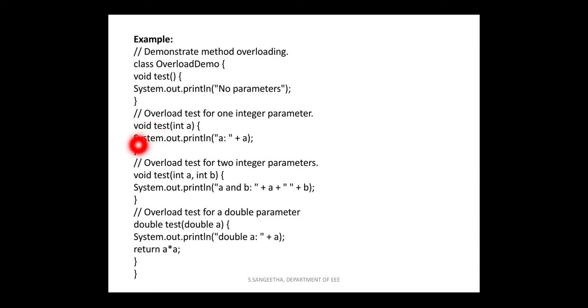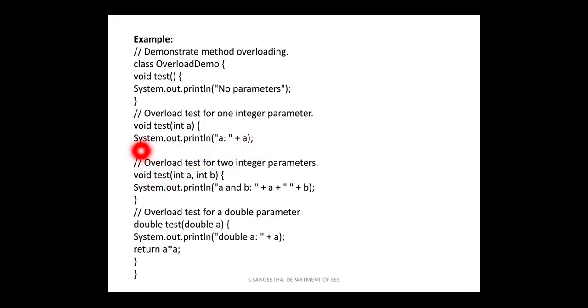First, test for one integer parameter. For this we have only one integer, that is int a, in the void test. Next you display the one integer parameter by using System.out.println, with "a:" displayed in the output, plus a, so the int a value will be displayed in this place.